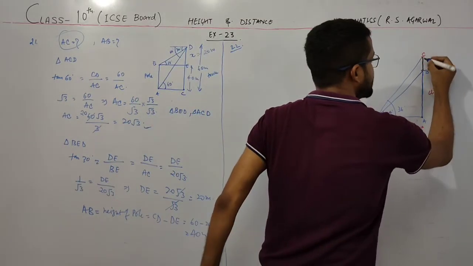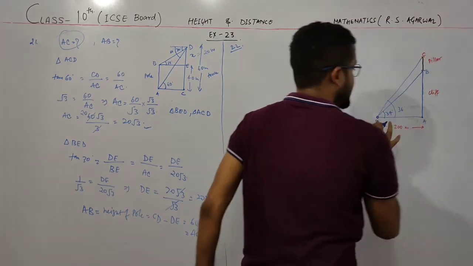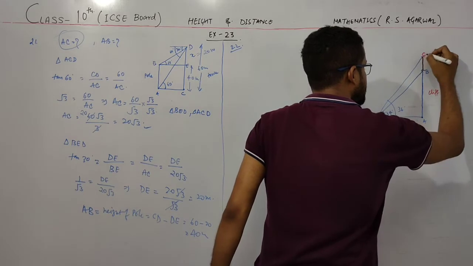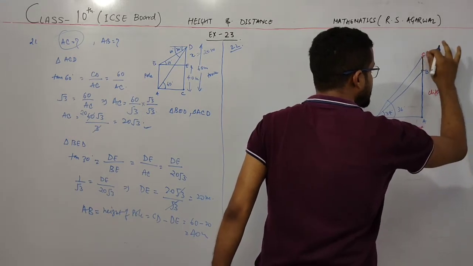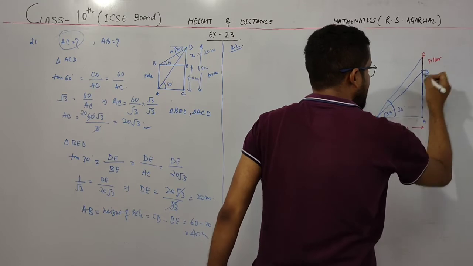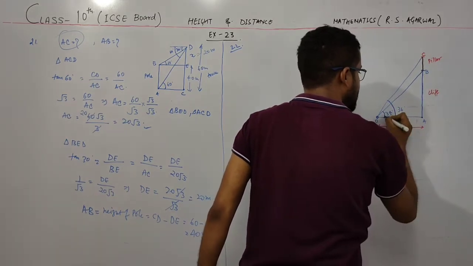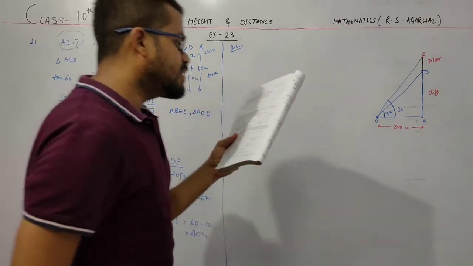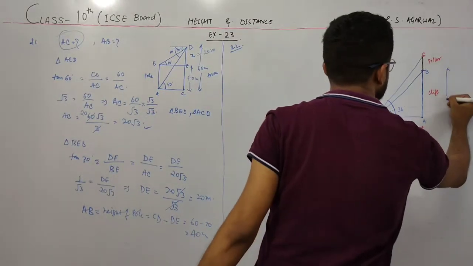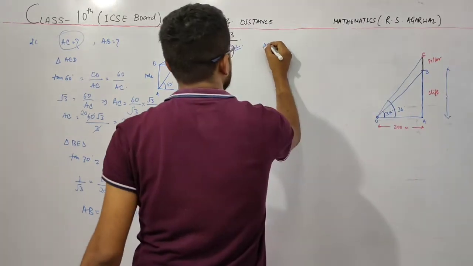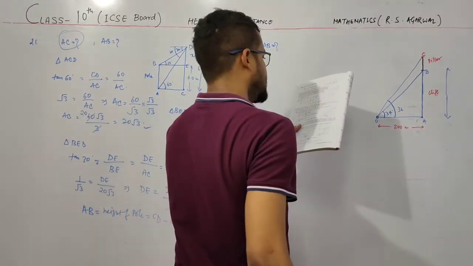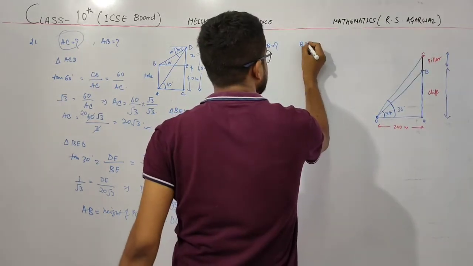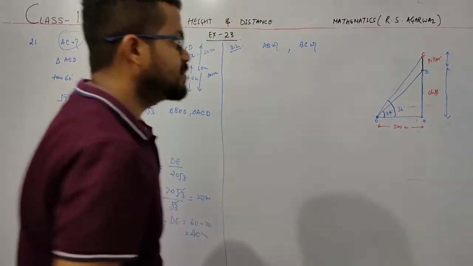At the edge of the cliff there is a vertical pillar, and the angle of elevation from this point for the top of the pillar is 36 degrees and for the bottom of the pillar is 34 degrees. We have to find the height of the cliff, this AB, and the height of the pillar, this BC.